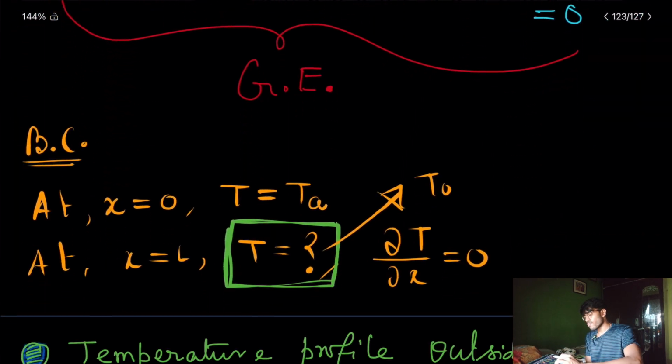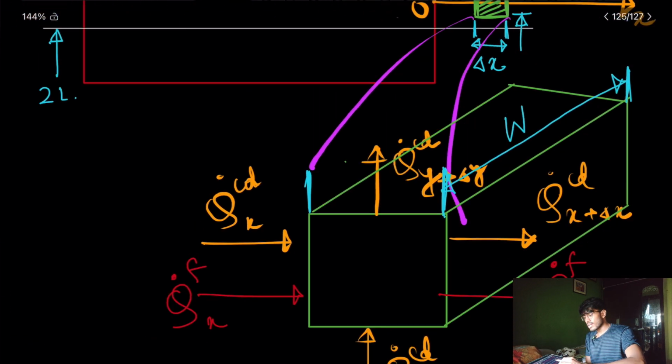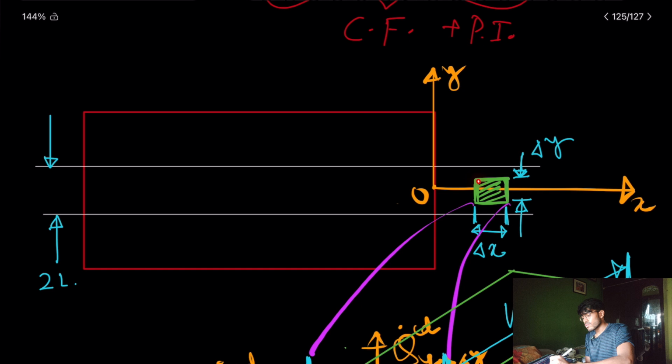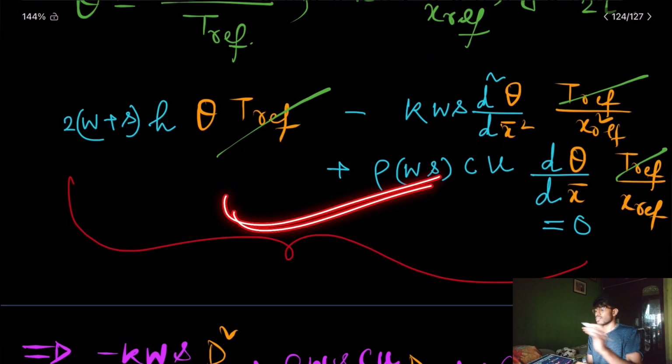Then your control volume has to be changed from this one to the control volume that I have drawn earlier. So the second part of the problem, the answer will be this.